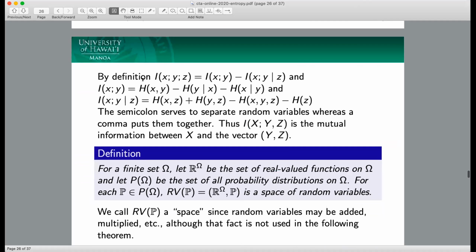The definition of the mutual information of 3 random variables is like this. What is the information they have in common, x, y, and z? It's the information x and y have in common, but then you have to subtract what's in common after z, the information in z is known.